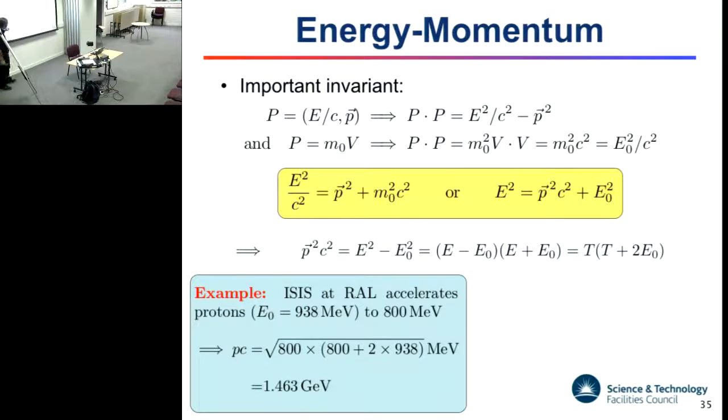So if we talk about the energy of the particle, remember when we talk about the energy, especially of protons, the total relativistic energy is the energy of the beam plus the rest energy. So if we talk about a 1 GeV proton beam, then that is, if you like, the kinetic energy.